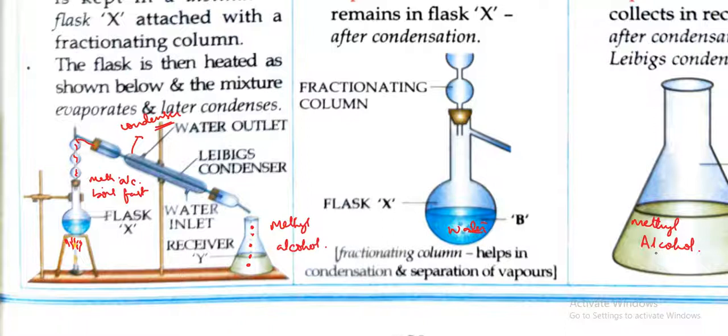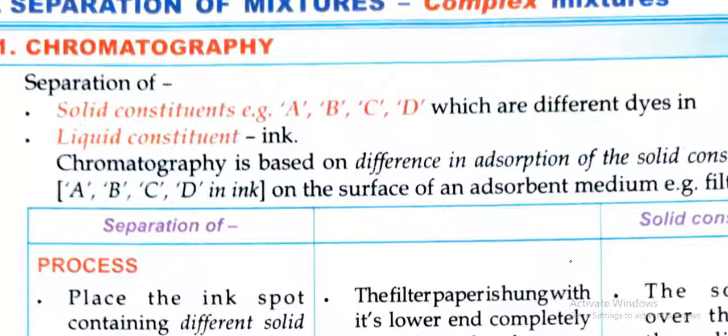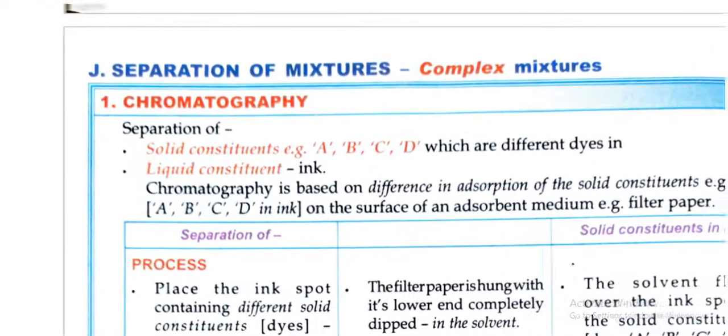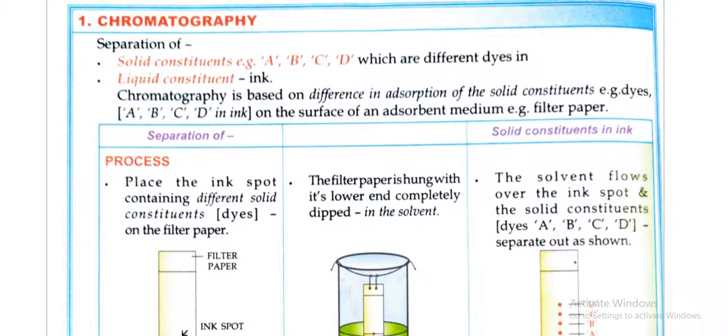Understood, students? Let us go to the next one. Next one is chromatography. In the chromatography technique, suppose more than two solid substances are present in the liquid. How to do that? We will name them A, B, C, D, and the liquid constituent is ink. In an ink, many dyes are mixed. We will separate them by using an adsorbent medium, that is called filter paper.